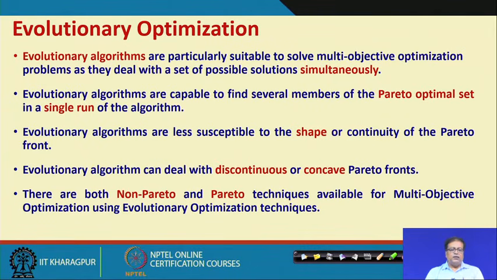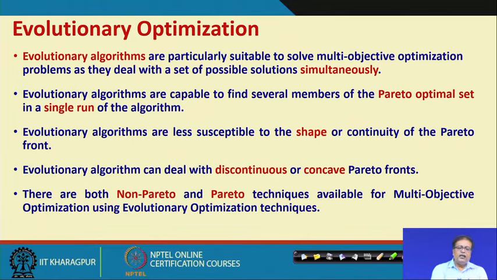So, we can use what are known as evolutionary optimization techniques. There are several methods we have already studied, from genetic algorithm to simulated annealing to PSO methods and all that. All of them in short can be called evolutionary algorithms.